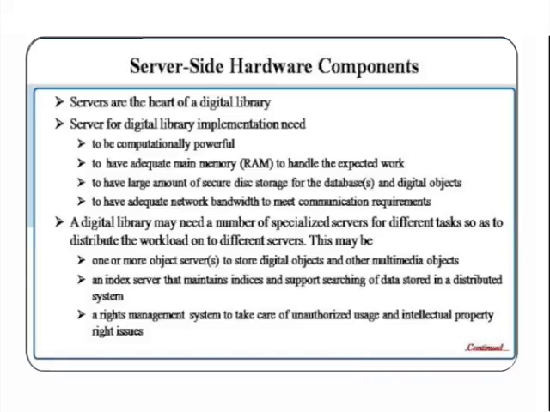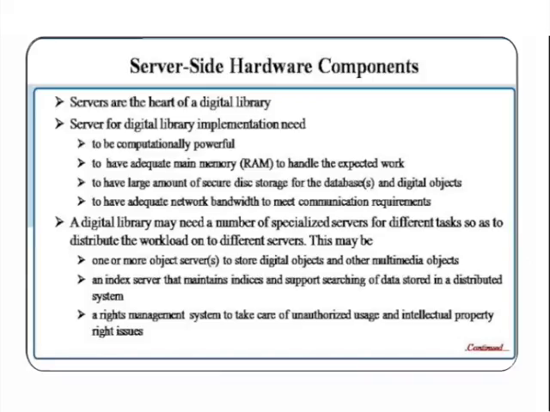A digital library may need a number of specialized servers for different tasks so as to distribute the workload onto different servers. These could be one or more object servers to store digital objects and their multimedia objects. There can be index servers that maintain the indices and support searching of data stored in a distributed system, and a rights management system to take care of unauthorized usage and intellectual property right issues.